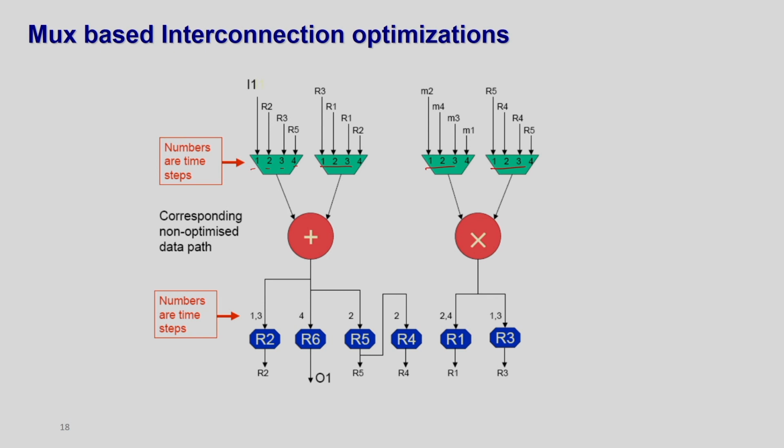So, you can understand here, and then this 1, 3 is also saying in which timestamp this data will come here. So, if I try to write the operation, in timestamp 1 it is happening I1 plus R3 and it is going to R2, right, for this FU, and for this FU it is M1 plus R5, sorry, this is multiplication, and it is going to R3. So, this is in timestamp 1, right.